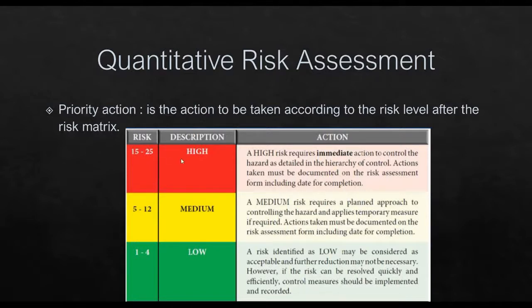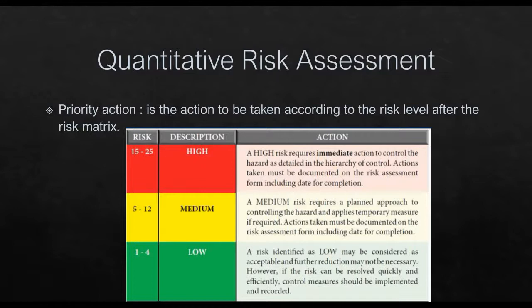And then for the high level risk, the action is immediate. The immediate action must be implemented. So for the high risk level, the keyword is immediate. The action is to be implemented immediately for any control, any preventive measure, for example.